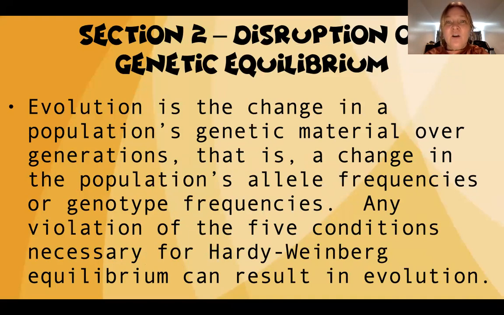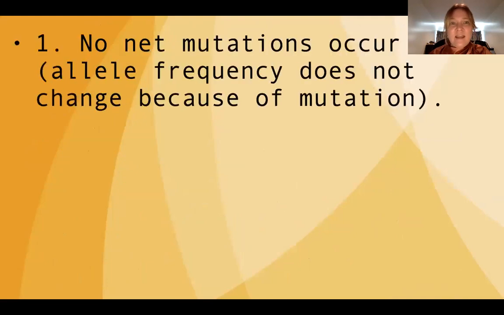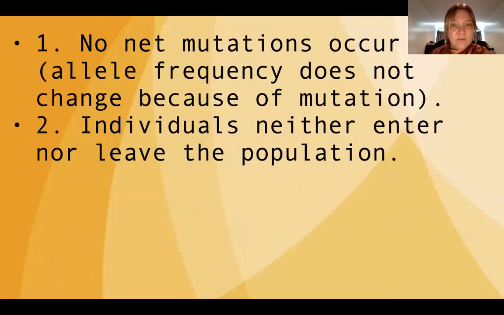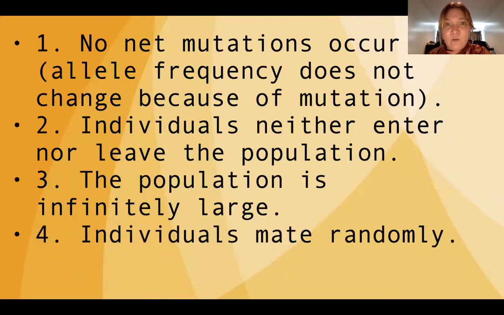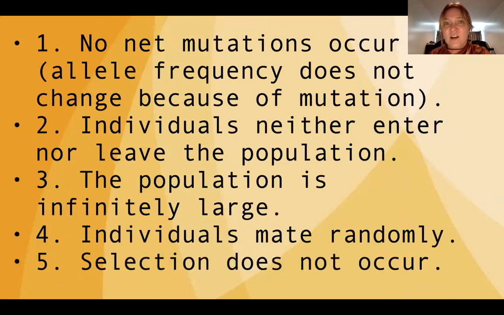So the last part of the previous video, I talked about Hardy-Weinberg genetic equilibrium and the 5 conditions that are necessary for an unchanging population. Just to review the 5 conditions necessary for genetic equilibrium, that is no net mutations, individuals don't leave or enter the population, the population is infinitely large, individuals mate randomly, and selection does not occur.